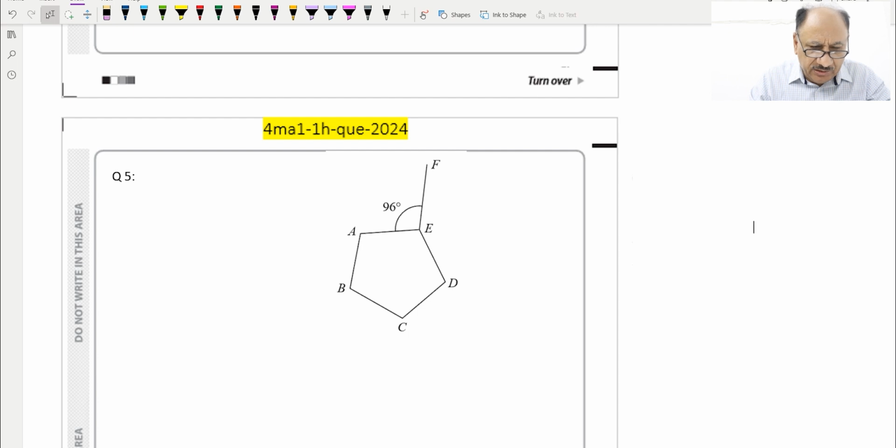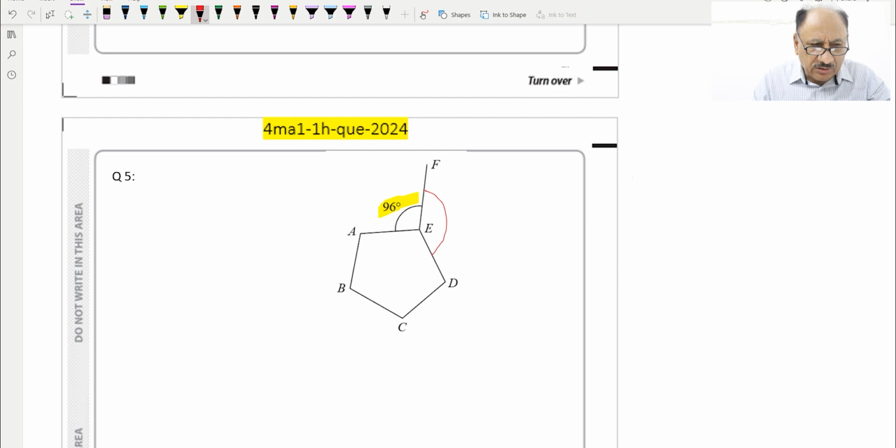So angle AEF is 96, which is this one. Work out the size of the obtuse angle FED. So the required angle is FED, which is this one. We need to work out the size.